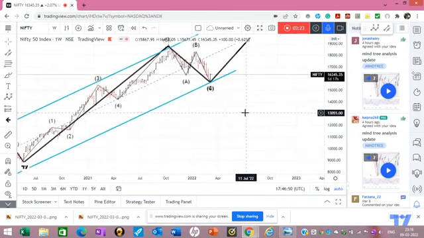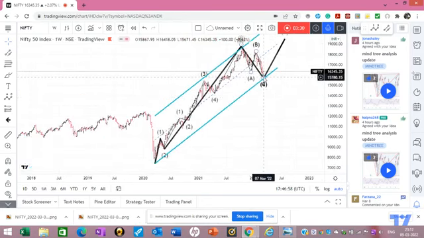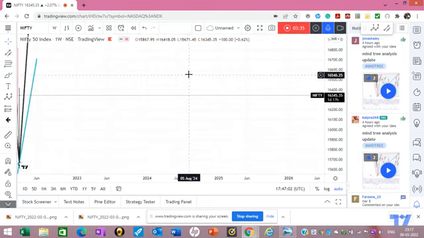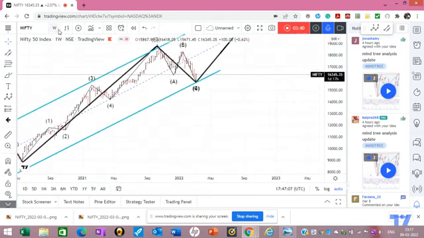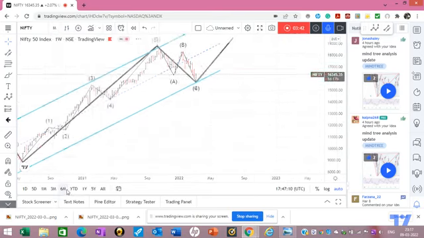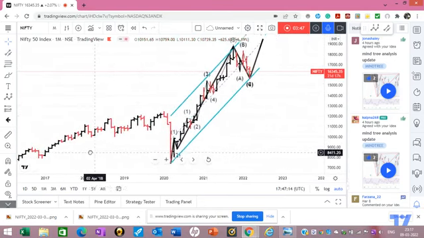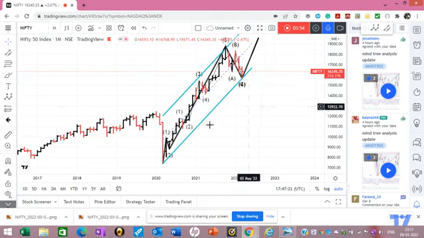And now I would say that we are in wave 5. So the upper boundary has to be breached for wave 5. Looking on a monthly basis, I would like this wave to go all the way up and touch the upper boundary: 1, 2, 3, 4, and 5.